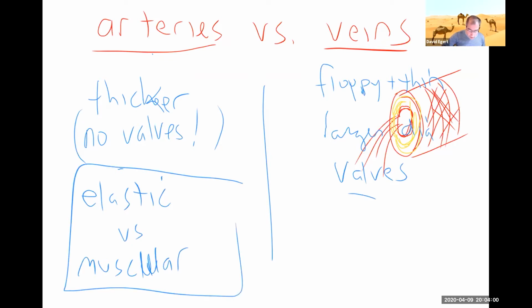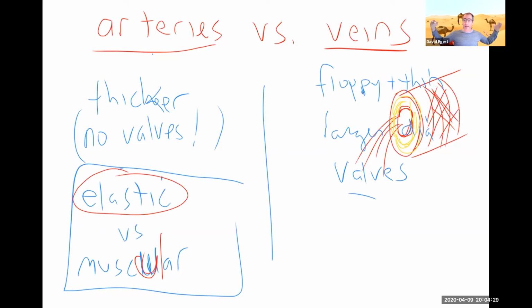The muscular arteries have more smooth muscle in the walls just to adjust their diameter, like the brachial artery, and most of the arteries that we've been naming are muscular arteries. The elastic arteries are like the aorta and the pulmonary trunk, the major pipes coming off of the heart that can absorb the high pressure when the ventricles are in systole, when they're contracting.